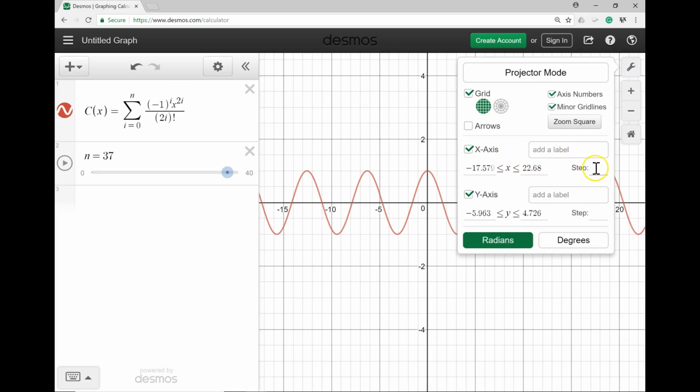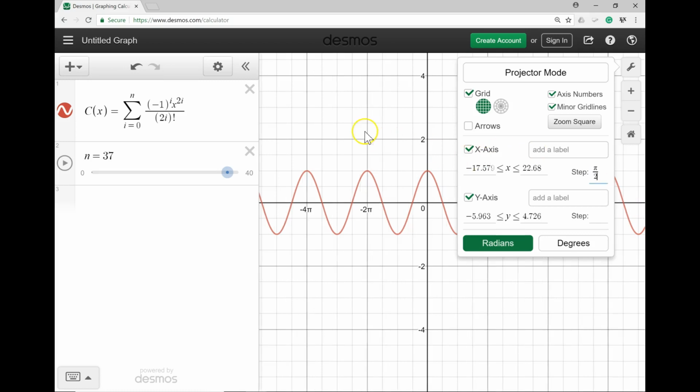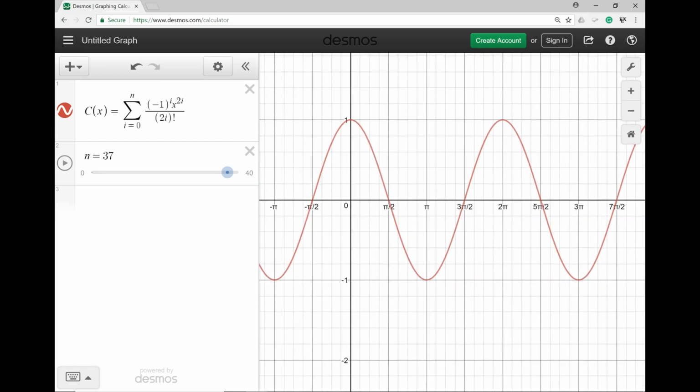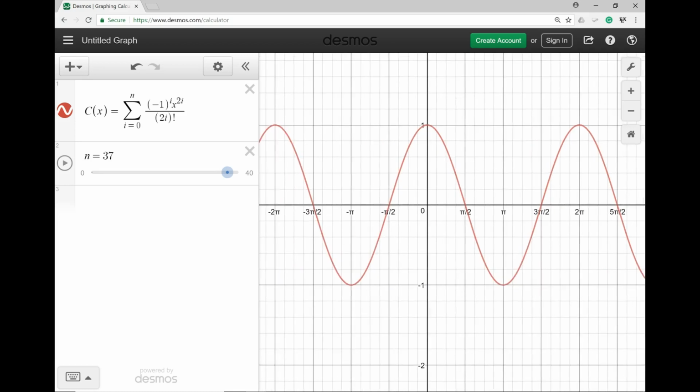Let's go with a step size, not of 1, but maybe pi over 2. So we have this periodic function that looks like it has a period of maybe 2 pi. It's going from the top at 1 down to -1, back up to 1. We have this periodic wave-looking function that starts at 1. I don't know about you, I think this looks like cosine.